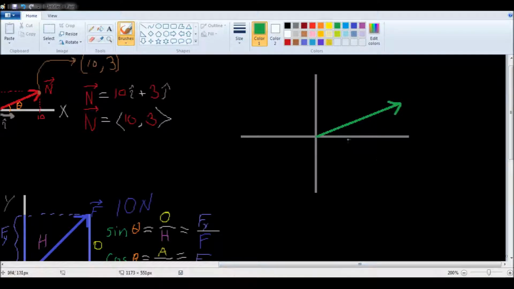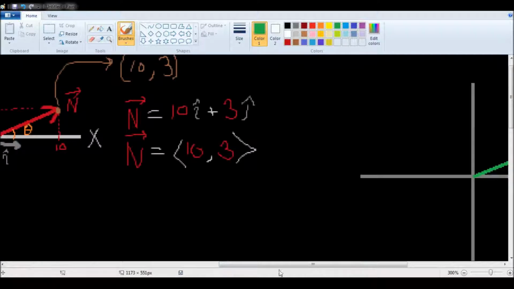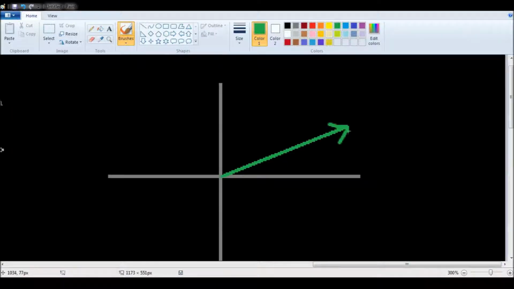We can actually, it would be in our favor to break this up into components, like we just did, and look at this as f of x and f of y.